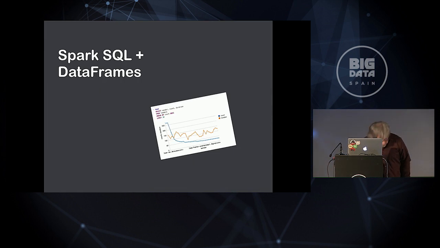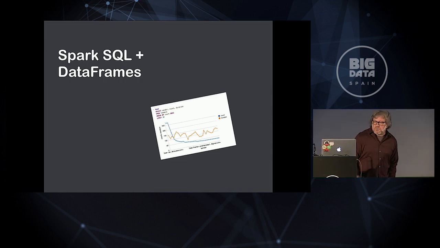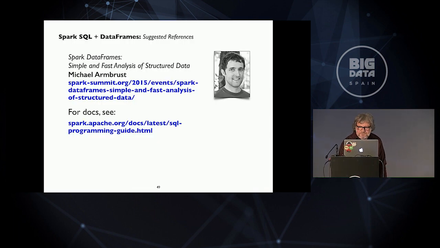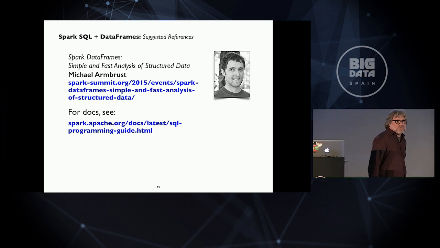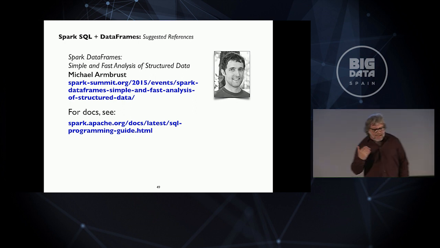All right. So let me go through a little bit of Spark SQL and describe how this works, and I'll show some examples of it. There was something called Shark, which was a way of taking Hive, and instead of having Hive be based on Hadoop, the back end of it was based on Spark.